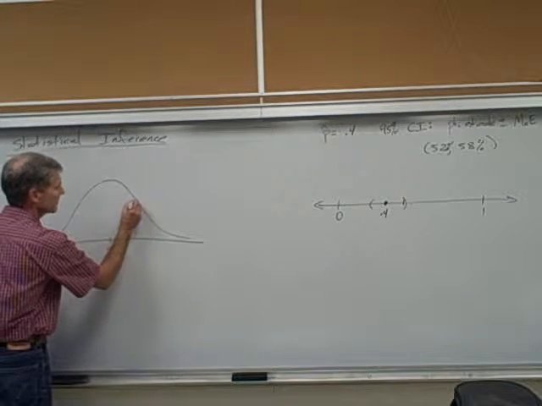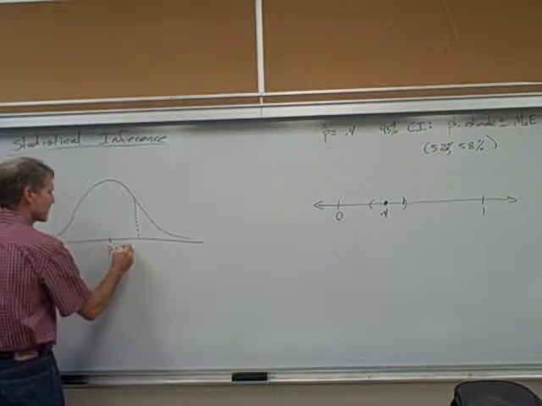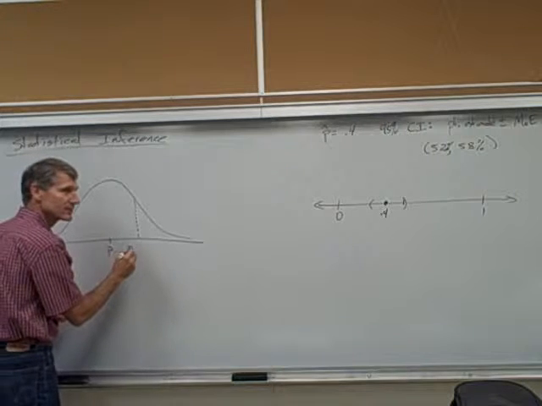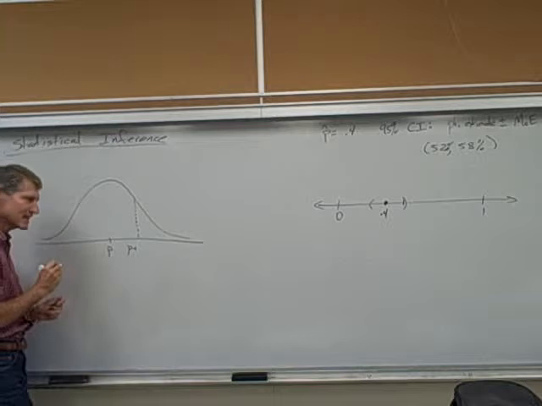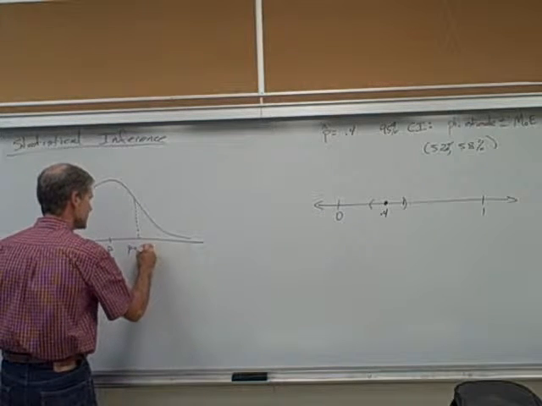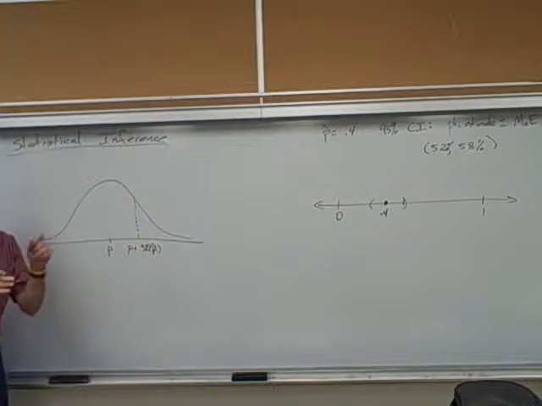Halfway down the hill will be what? P plus, what? SD? Not SD, SE. P plus SE of P hat, which is the square root of P, 1 minus P all over N, that thing, right?